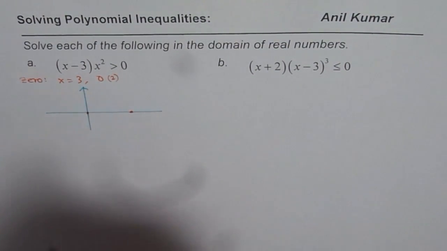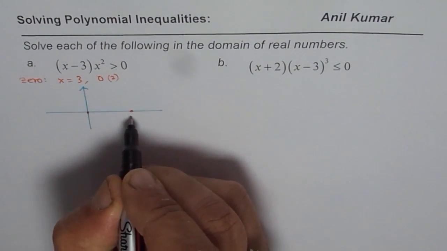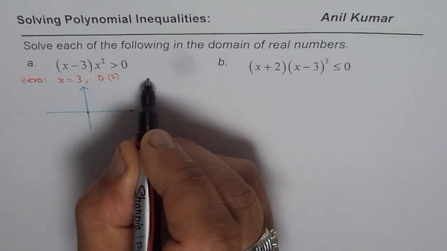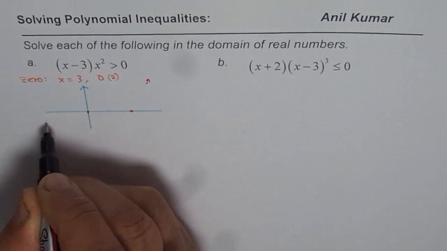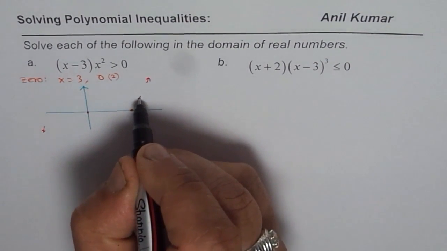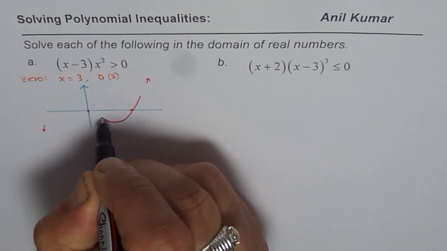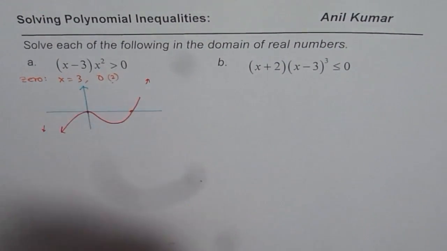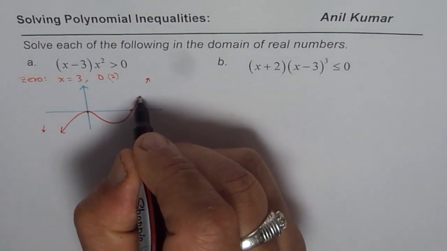That's the whole idea. Now this point is at 3 and it's a linear graph. This is quadratic, so we have to start from here and end in this direction. This is order 3, right? So we could graph it like this, correct? And then you have to bend because it is of order 2, right? So that is how the graph is going to be.